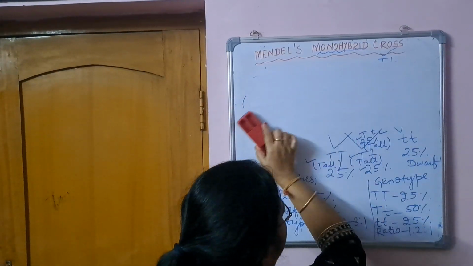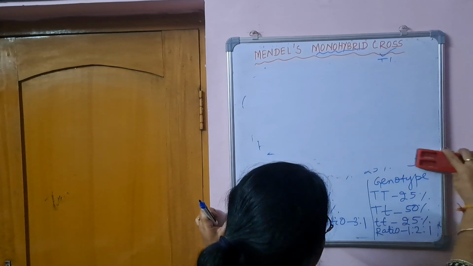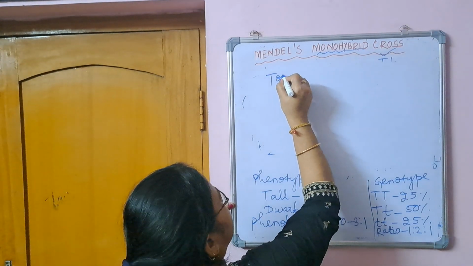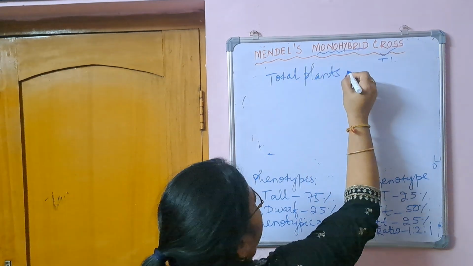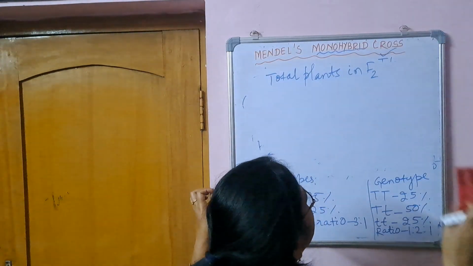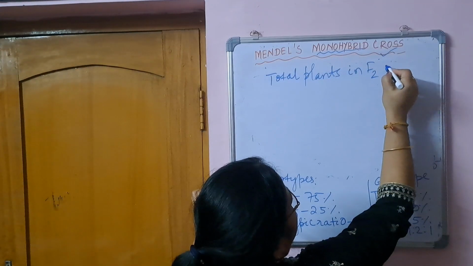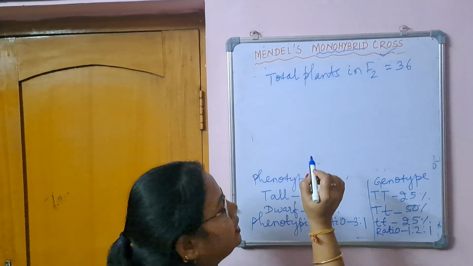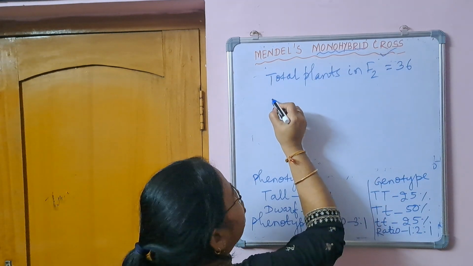Suppose we are getting 36 plants, total plants in the F2 generation is equal to 36. Now let us calculate how many will be tall and how many will be dwarf.